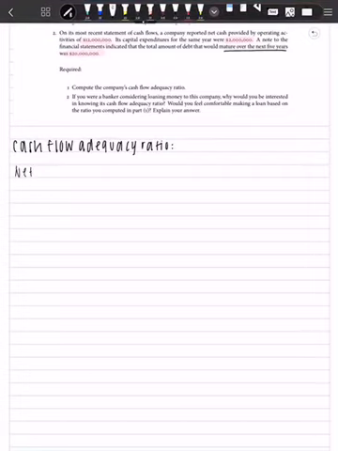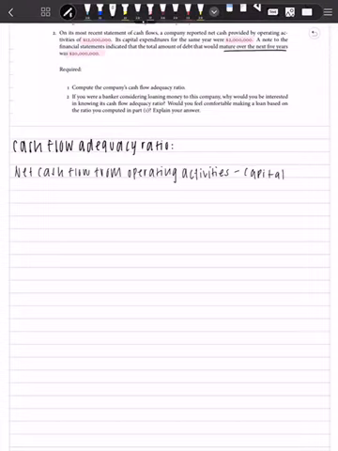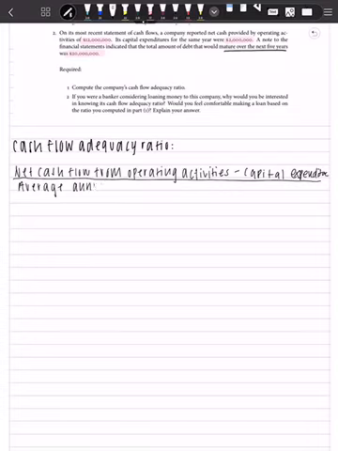This ratio is shown by the net cash flow from operating activities, minus capital expenditures, all over the average annual debt maturing over 5 years.